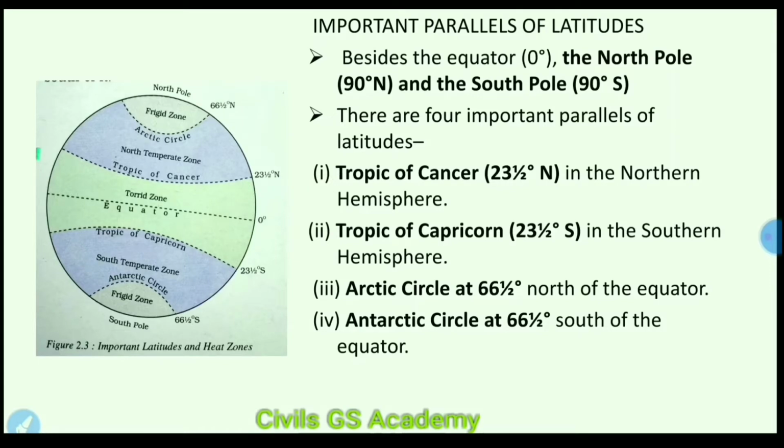It is 23.5 degree north latitude in the northern hemisphere. Then second is the Tropic of Capricorn, 23.5 degree south in the southern hemisphere. Third is the Arctic Circle at 66.5 degree north of the equator. And number 4, Antarctic Circle at 66.5 degree south of the equator.